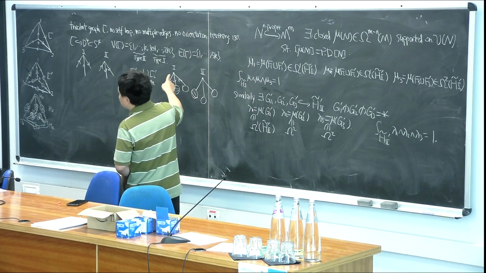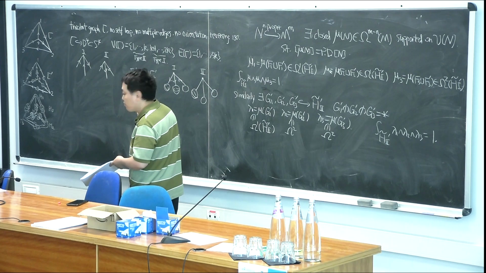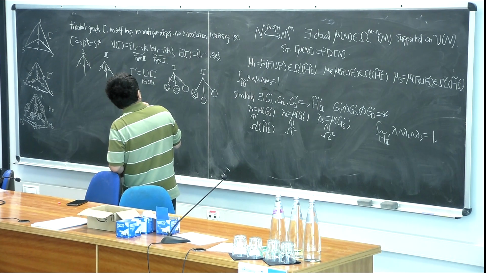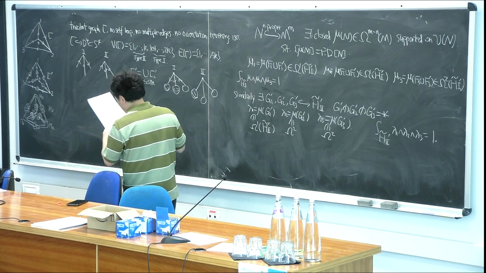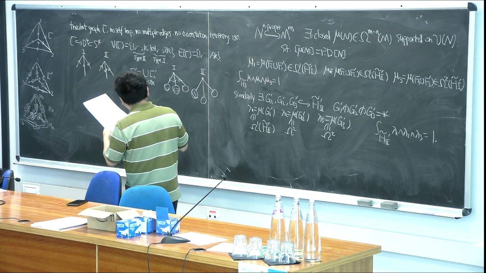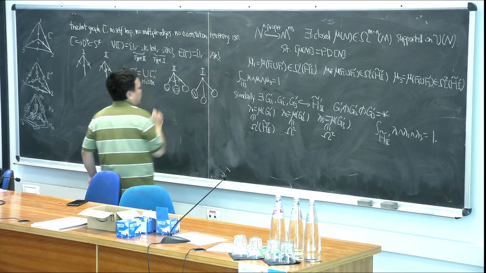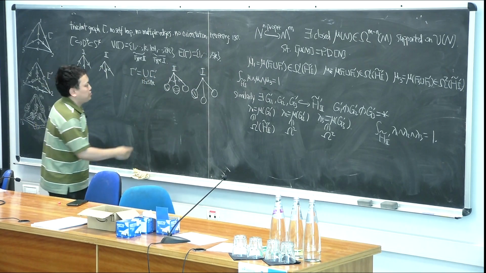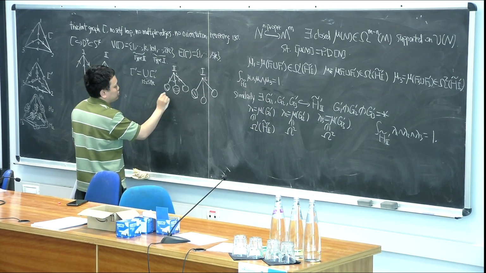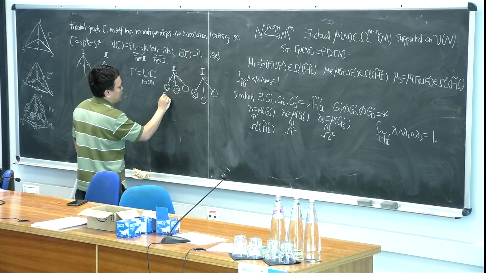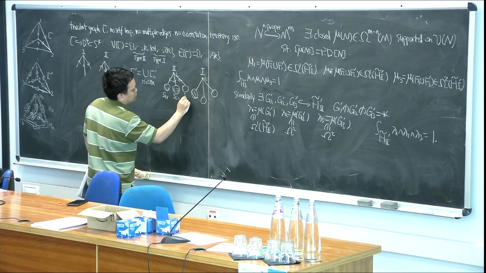We are going to fix an order on the three edges. Type 1, type 2. Oh, yes, this is type 2. Sorry, this is type 1. All right. And I'm going to denote this sphere by S i1, S i2, S i3. So this is vertex i.